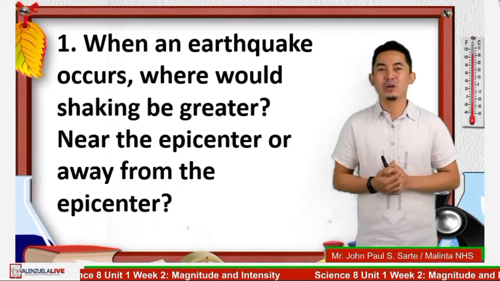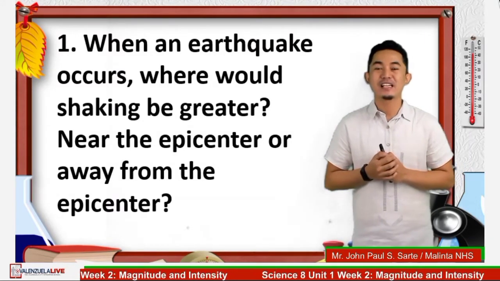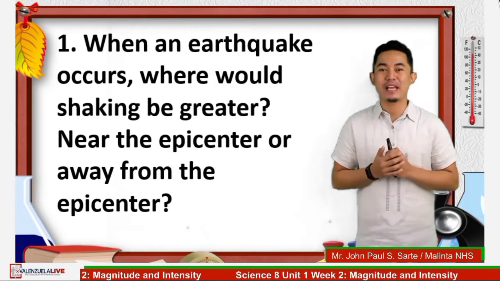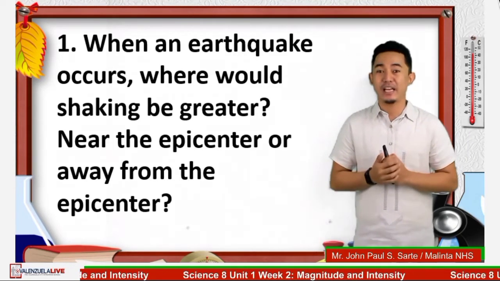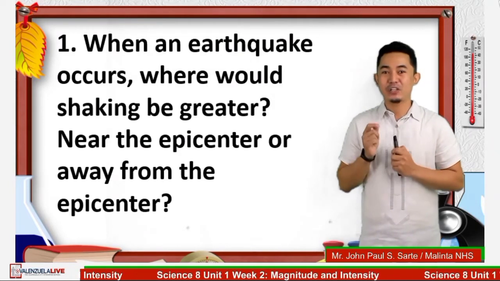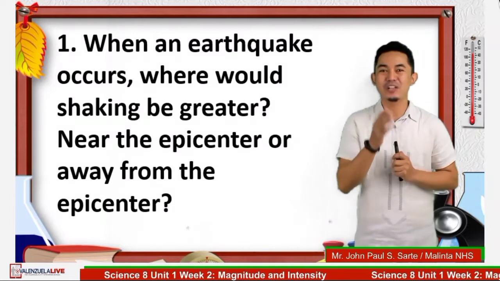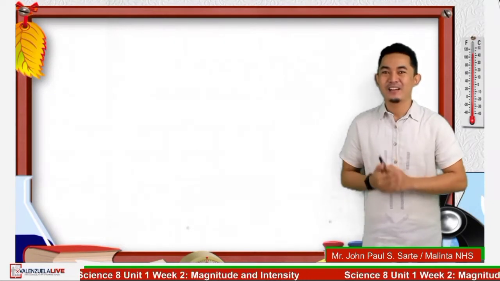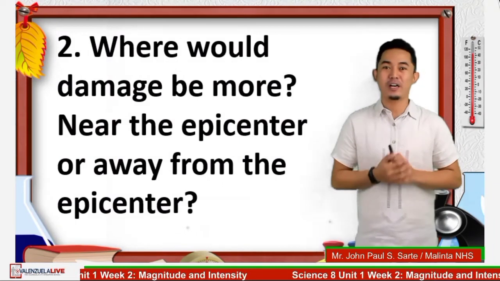Okay? So, the correct answer here is near the epicenter, not away from the epicenter. I repeat, it should be near the epicenter. I hope you got the correct answer. Now, for question number 2, where would damage be more?